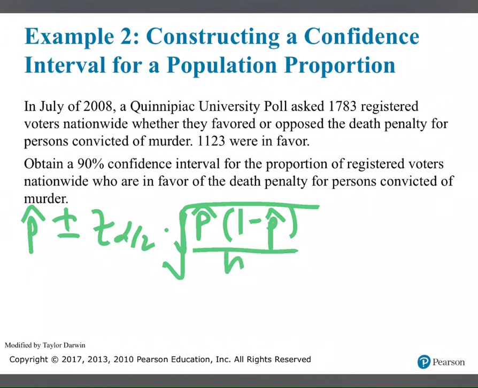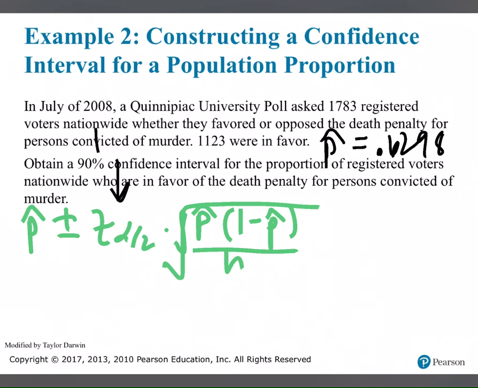Sometimes in your formula sheet, this will say P. If you have a population, use it, but most of the time we don't have one, so we just use p hat. Okay, so 0.6298.